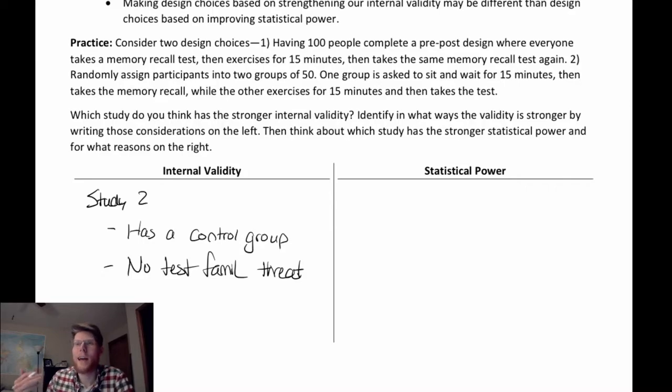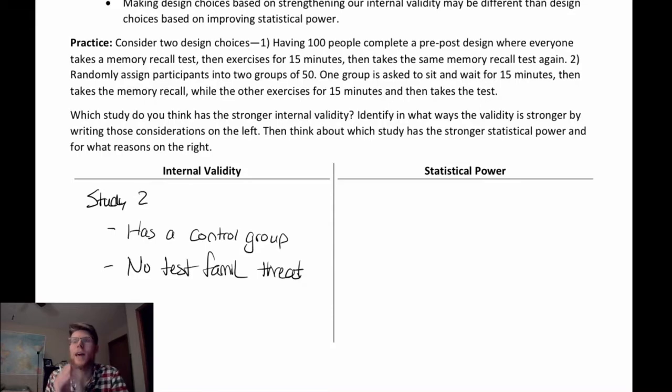So I guess I should probably clarify here. If what's meant by a memory recall test is they tell them some words and then they exercise and then they do it again, well, I guess that's just a complete assessment at that point. But if we look at what's going on in the treatment group, the memory recall test is all happening at once. So it sounds like one session is a complete memory recall examination.